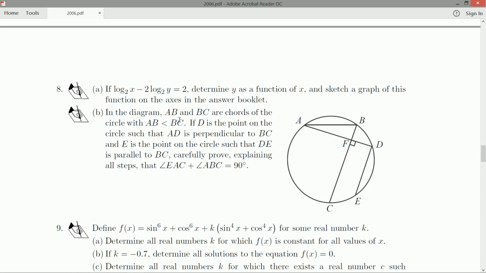I can't tell whether this condition is necessary for the setup, in that if you don't have it you don't actually get such a point E or something like that, or whether it's a condition that they're giving me that will help me in my proof. I'm inclined to think it's the former, just because they started off rather than giving us additional information saying, oh, by the way, AB is less than BC. But I'm not seeing how it would be required for this setup.